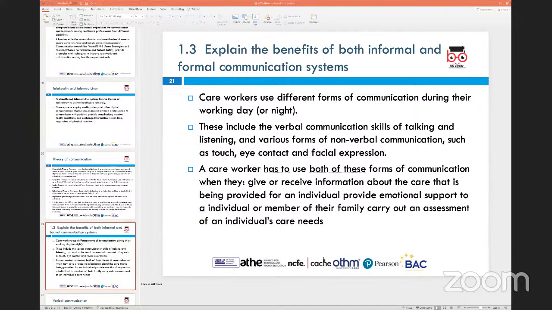You use proper grammar and appropriate vocabulary, and you avoid slang or any sort of colloquial language. You're also not writing in short forms, such as acronyms. The idea is to make sure the communication is absolutely non-ambiguous and follows a particular format. These forms of communication tend to be written.